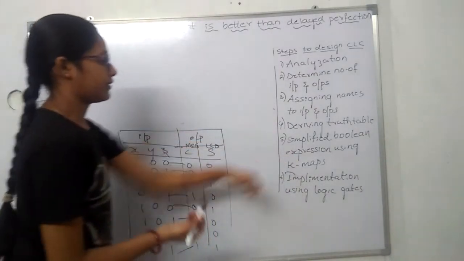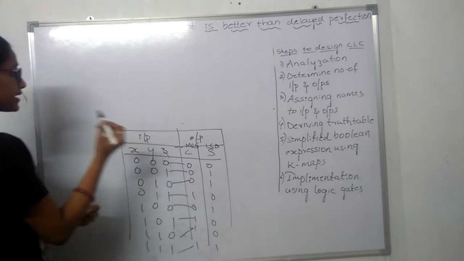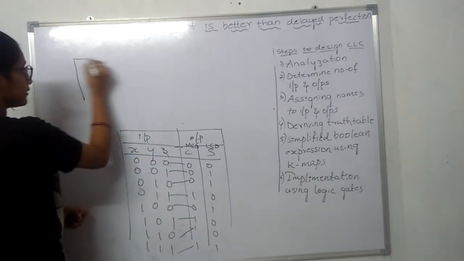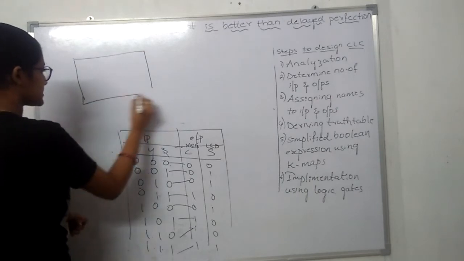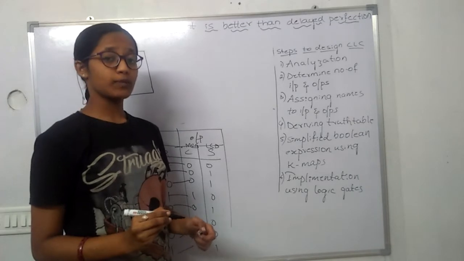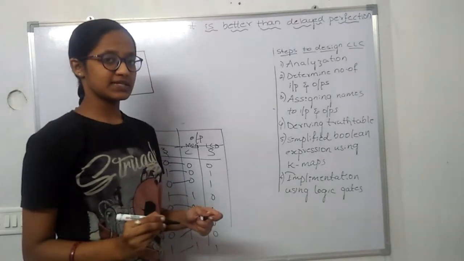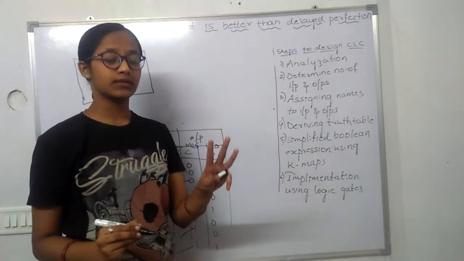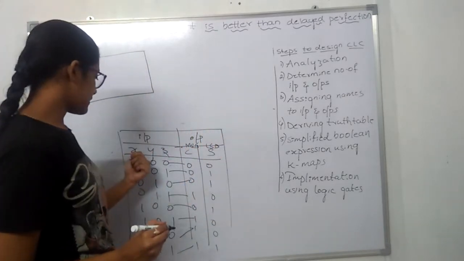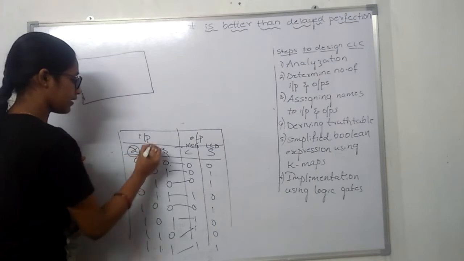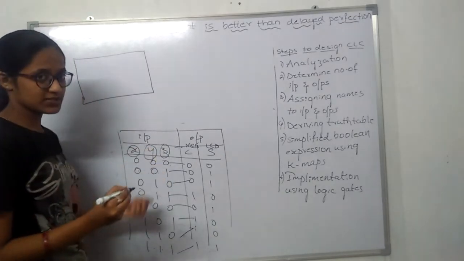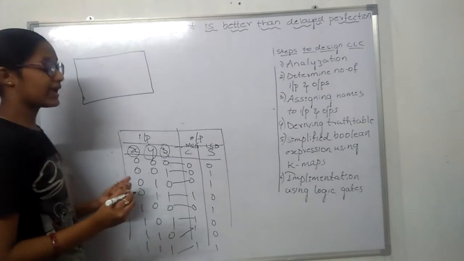Boolean expression from K-maps. A K-map is nothing but a method to get the Boolean expression in a simple way using cells. How many cells are we going to represent it in? As we have 3 variables, x, y, z, we represent them in 8 cells.